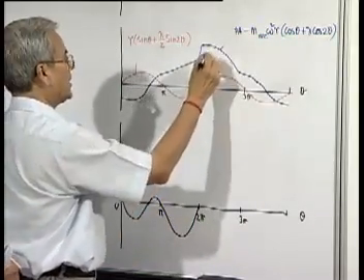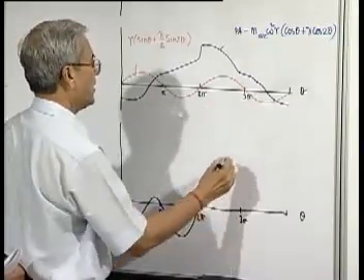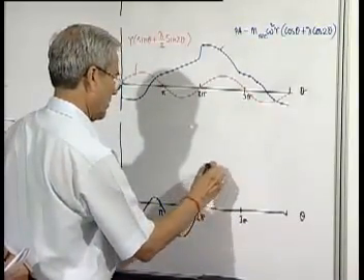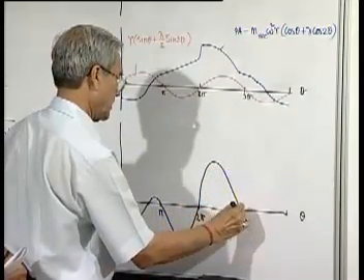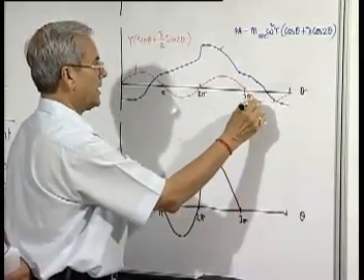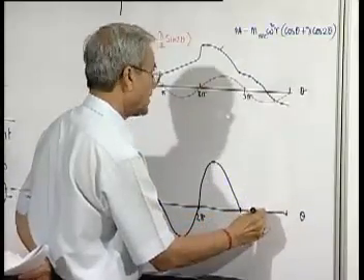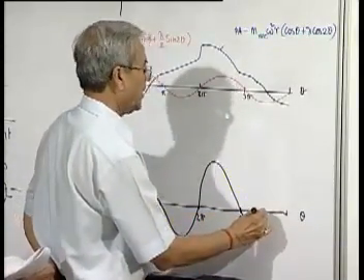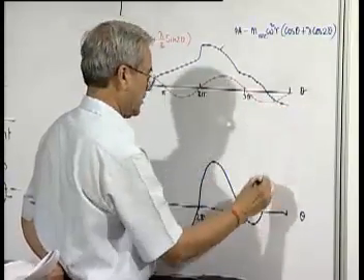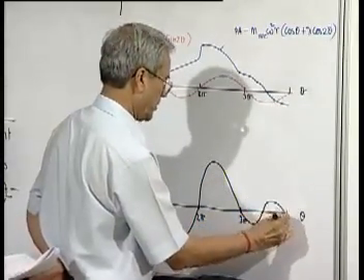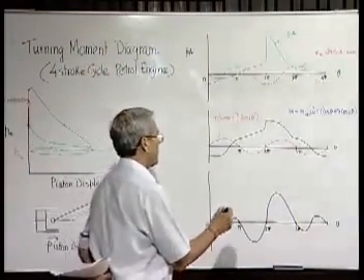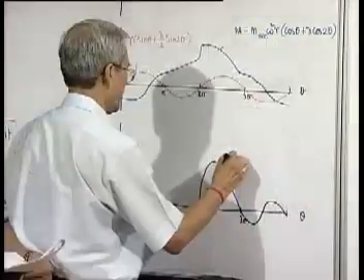Now both are positive, so it will be positive, but it will again become 0. So it will be something like this. And here again one is negative, one is positive up to this. So it will be 0, and here both are negative. So therefore the product is the final turning moment.